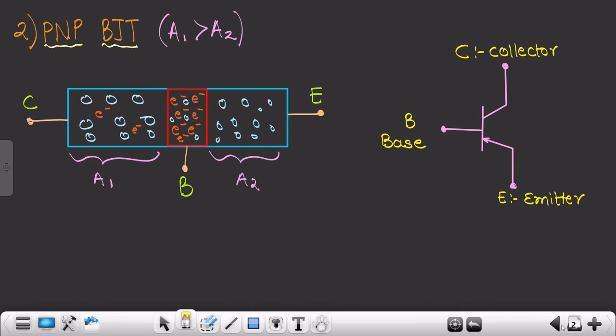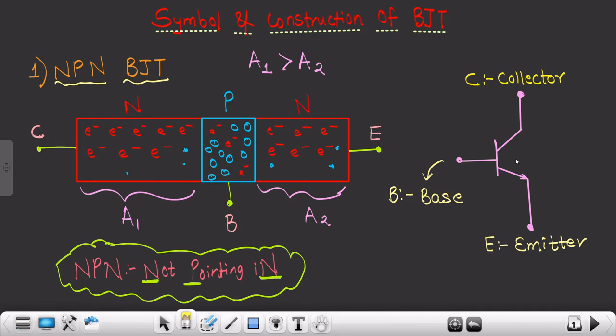Now if you see very clearly, the current is coming outside. We will see how it comes outside and how it goes inside the transistor. You need not worry about this as of now. In this video, just focus on this part. The arrow is coming out, that means the current is going to move in this particular direction.